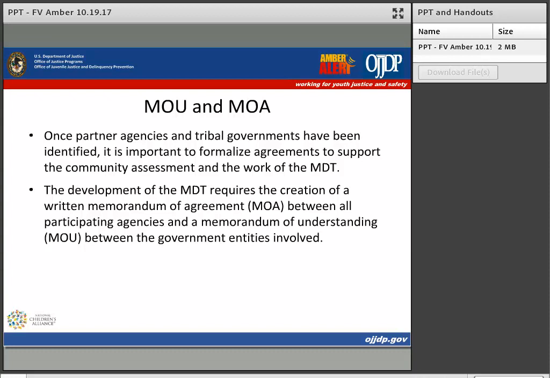Programs die with a new tribal council, with a new chief of police, with a new head of the CAC. So getting agreements in place that ensure that the program survives are critical. And memorandums of agreement and memorandums of understanding are contracts to tie that stuff into place.